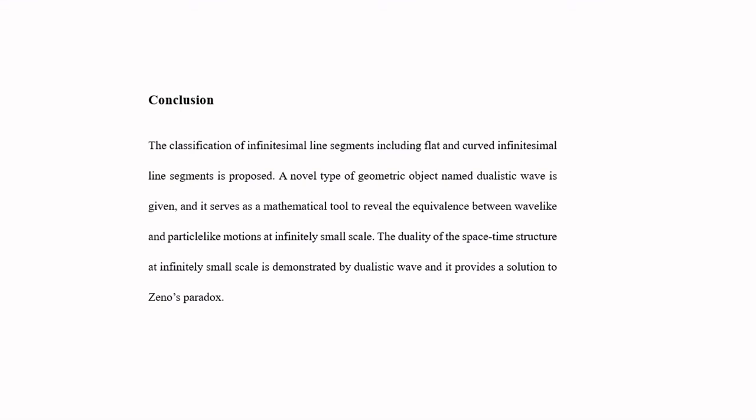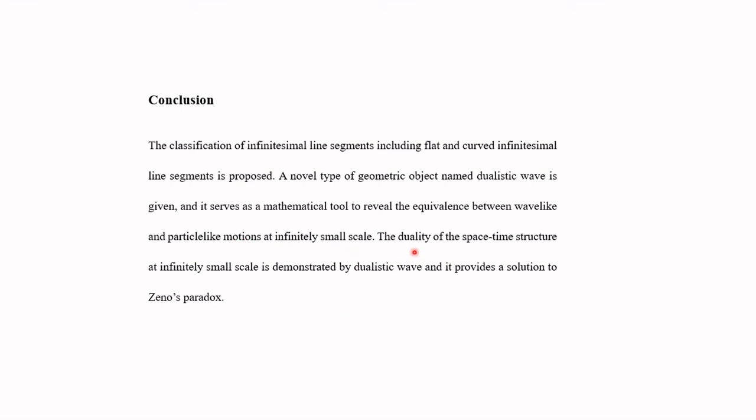Here the conclusion is that the classification of infinitesimal line segments, including flat and curved infinitesimal line segments, is proposed. A novel type of geometric object named dualistic wave is given, and it serves as a mathematical tool to reveal the equivalence between wavelike and particle-like motions at infinitely small scale.